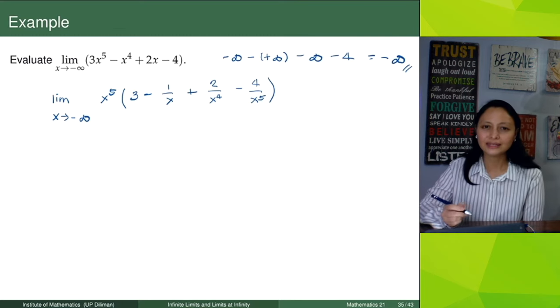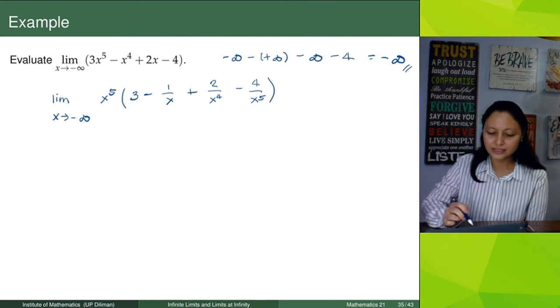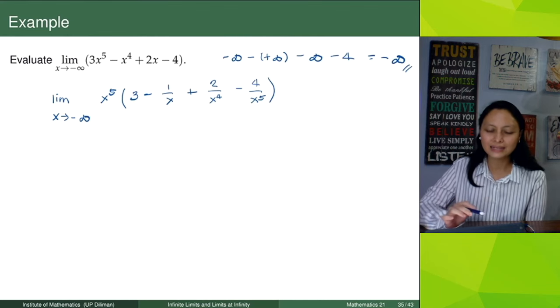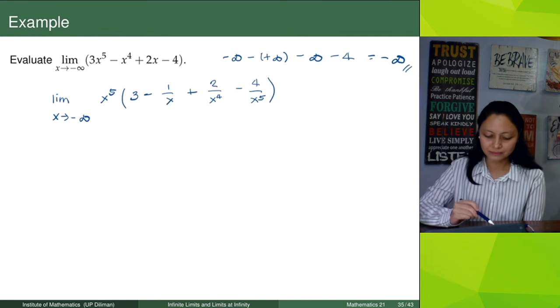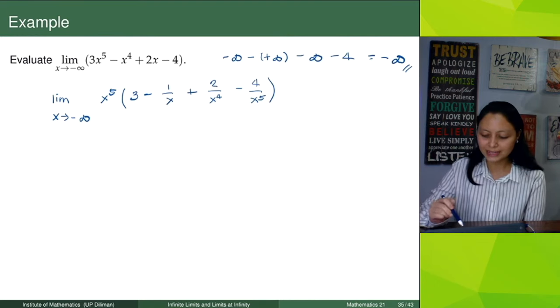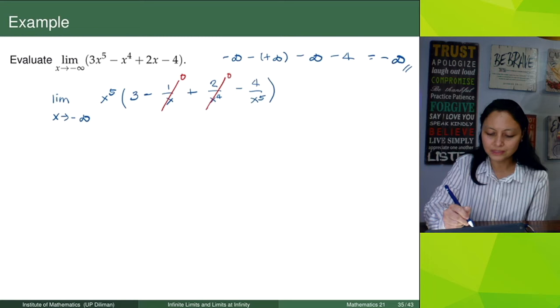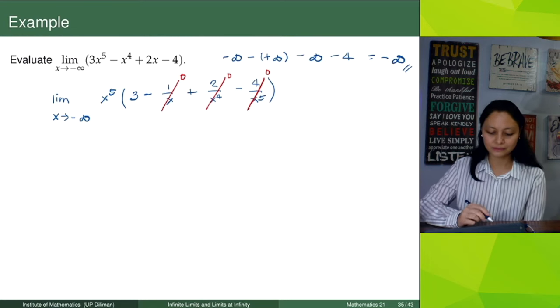Okay? And then, since yung x natin is approaching negative infinity, lahat ng constant over a power of x, ang limit niyan ay 0. Okay? Hindi siya equal to 0 ha. Yung limit ang equal to 0. So, the limit is 0.